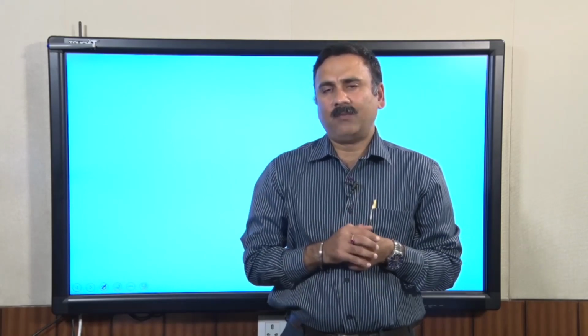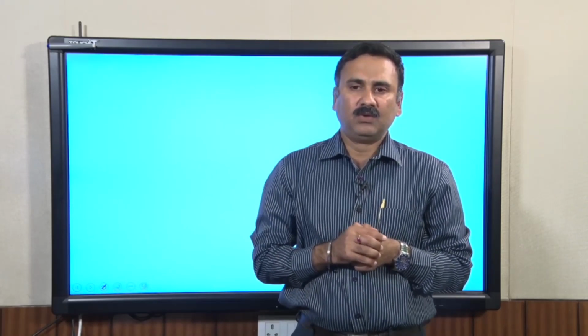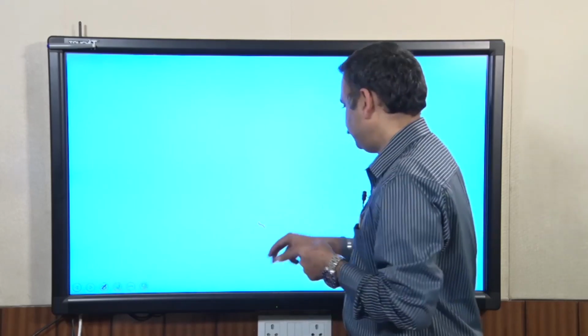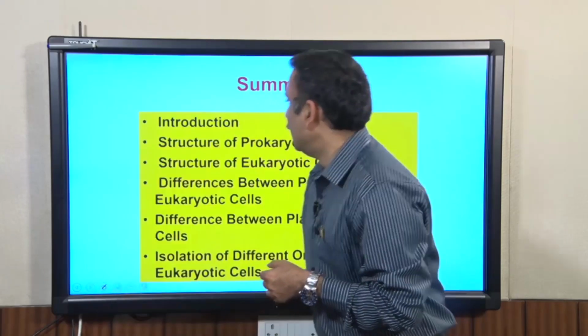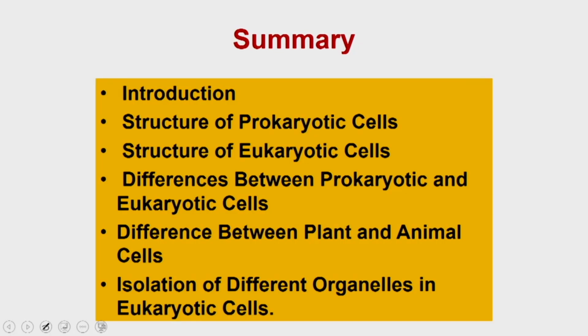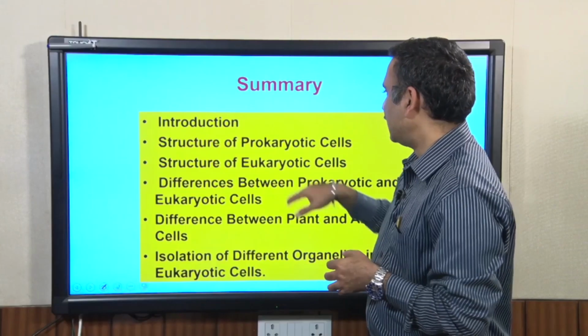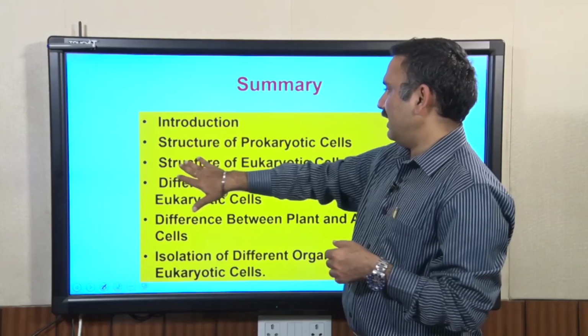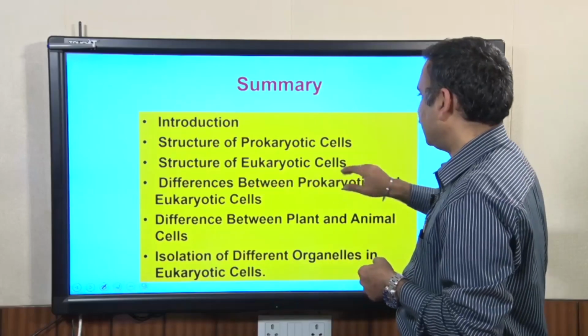Let's continue our discussion about the different hosts, but before we discuss further, let's recap what we have discussed so far. In the previous module, we discussed the structure of the prokaryotic cell and the structure of the eukaryotic cell.